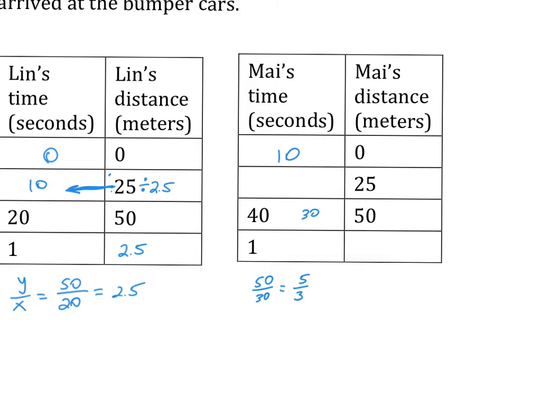So to figure out how long it took her to go 25 meters, I again am going to divide by 5/3. So 25 divided by 5/3 is 15. So that means it took her 15 seconds to walk 25 meters.